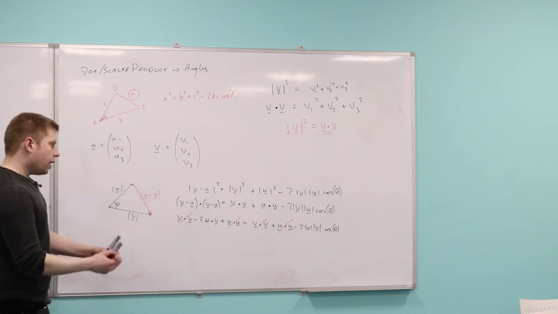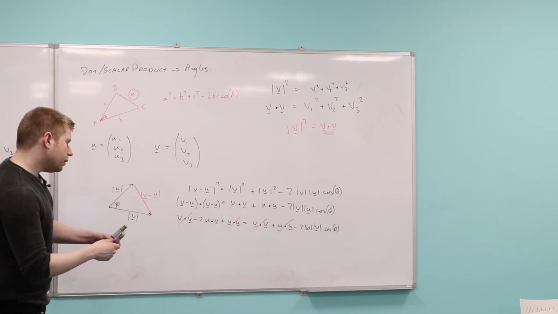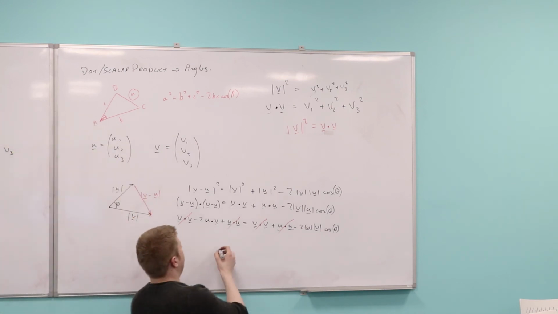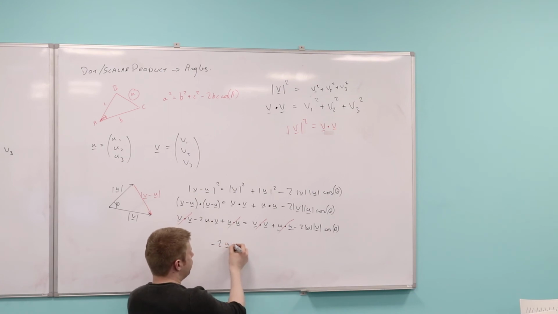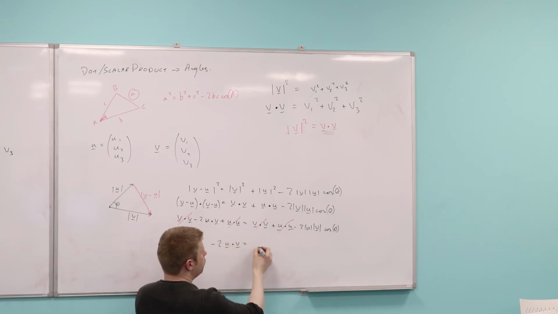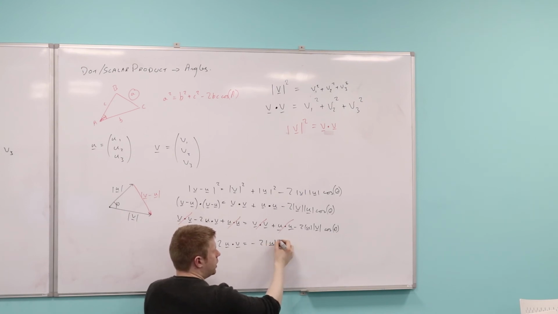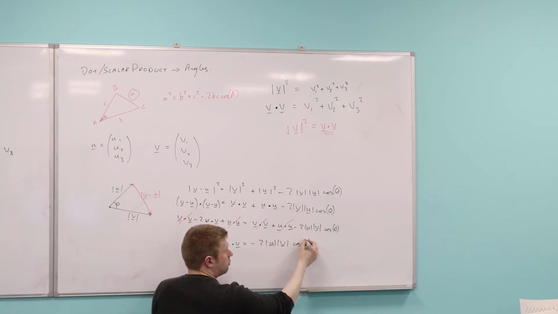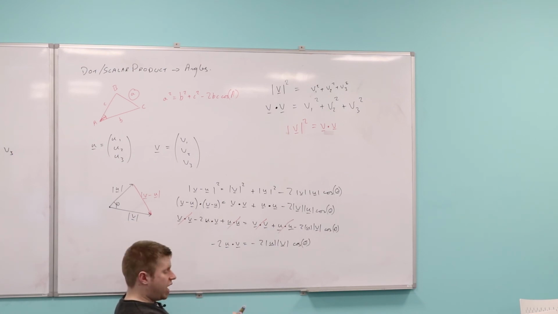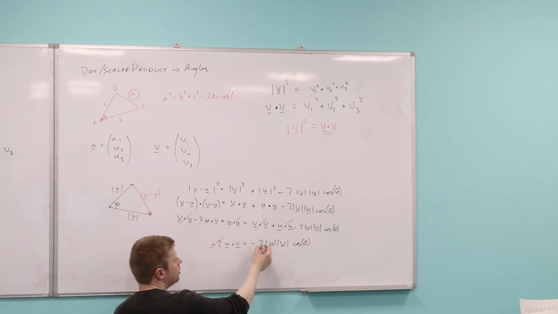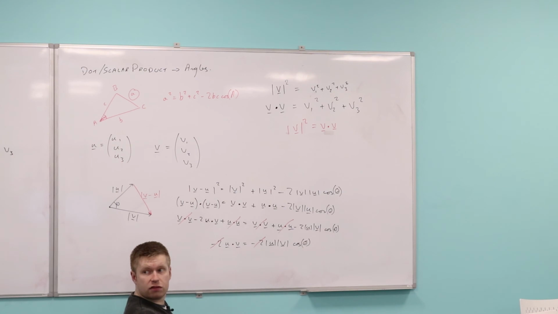Let's see what I'm left with. I'm just going to be left with negative 2 lots of u dot v will be equal to negative 2 lots of modulus of u times the modulus of v times the cosine of theta. Are you happy that I can do a bit more cancellation? The negative 2 and the negative 2, divide through by negative 2.